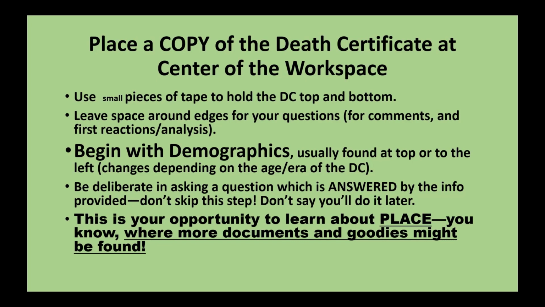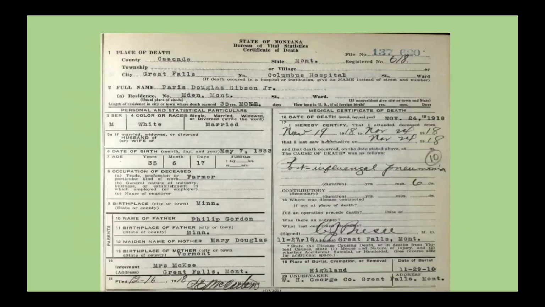So begin with the demographics, go through the people, go through the background, go through finding out who their parents were. And by the way, if you looked back on this, it says that the name of the father for Paris Gibson Jr. was Philip Gordon. Well, the person who filled this in just assumed people would know that Philip Gordon's last name was Gibson. Be prepared for stuff like that.